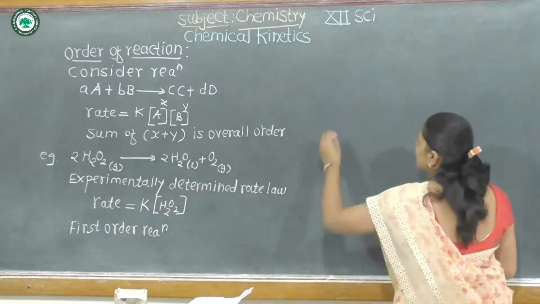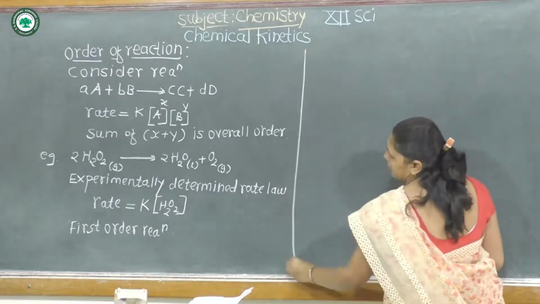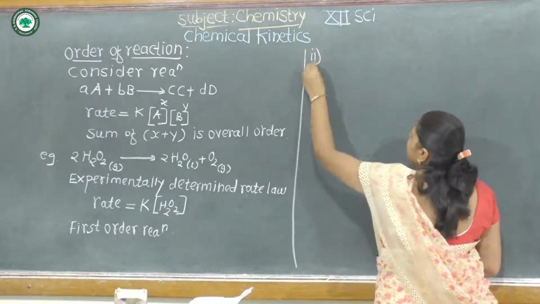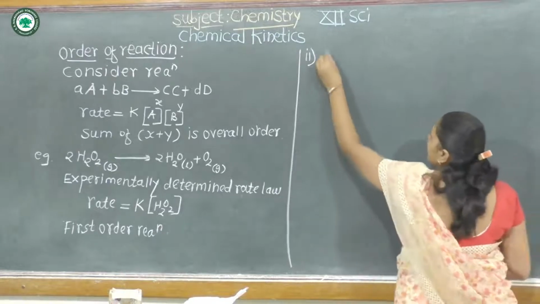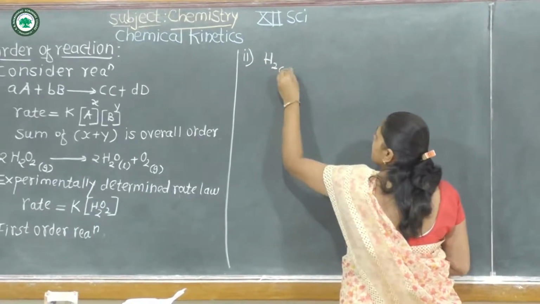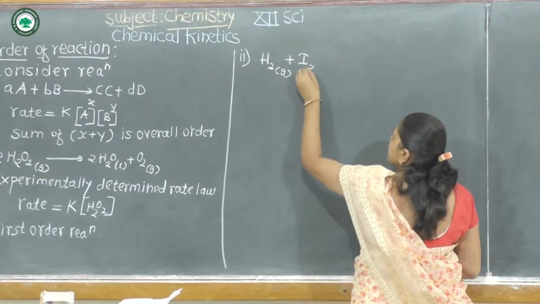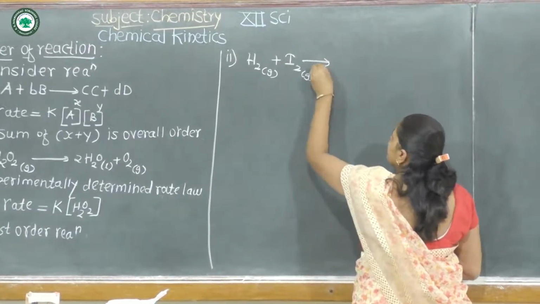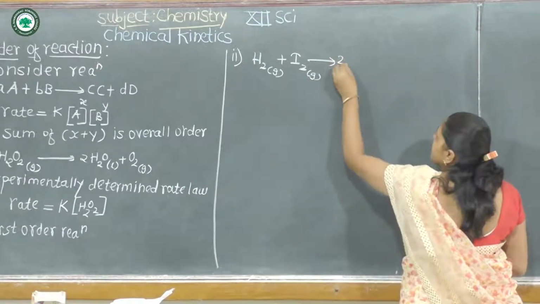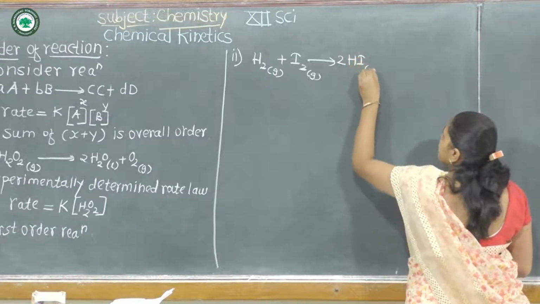Then second example. Hydrogen gas plus iodine gas gives twice hydrogen iodide.